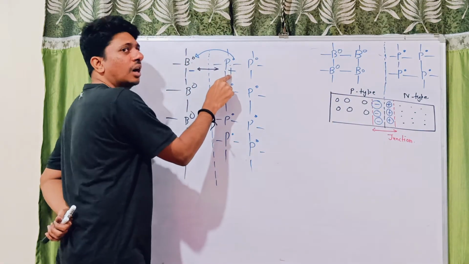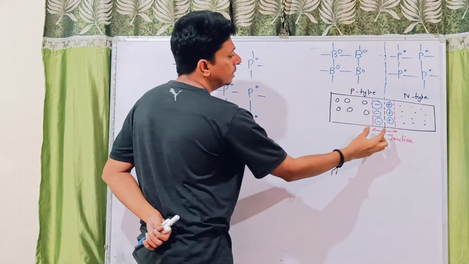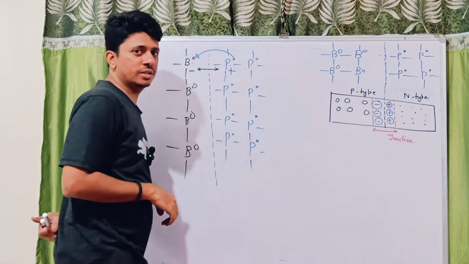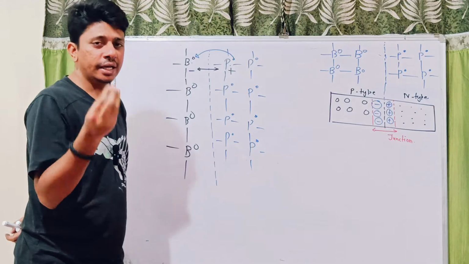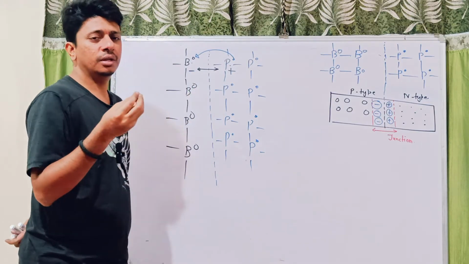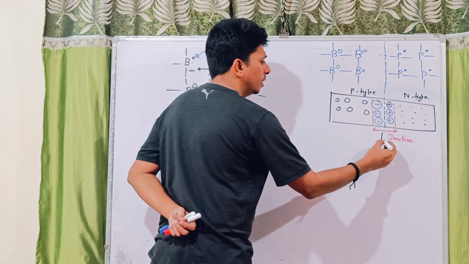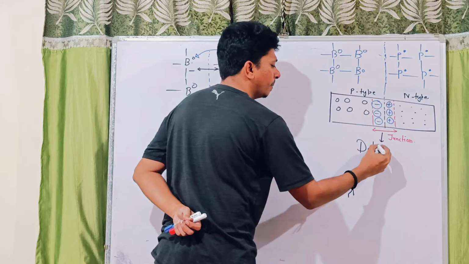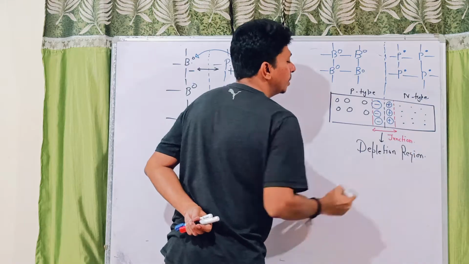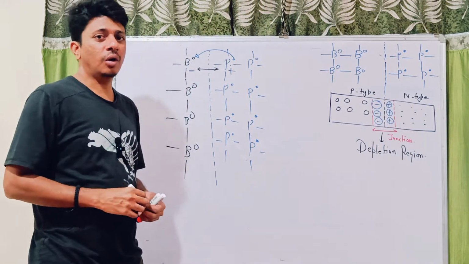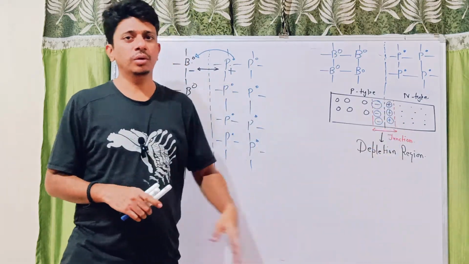Yes, it has extra ions, phosphorus ions and boron ions, and that is why this region is free of carrier charges, or we can say free of free charges. And that is why this region is called depletion region. Why depletion region? Because they are depleted of free charge carriers, whether electron or hole. Clear?